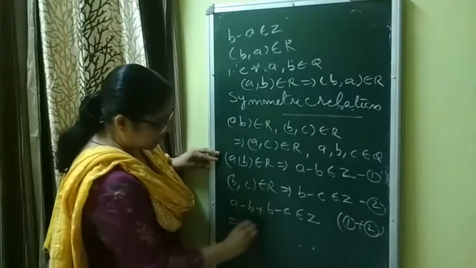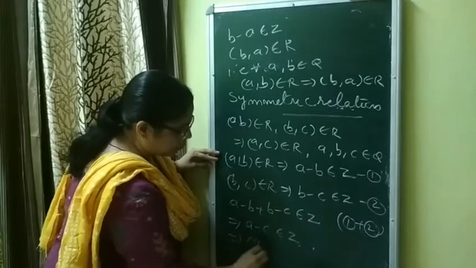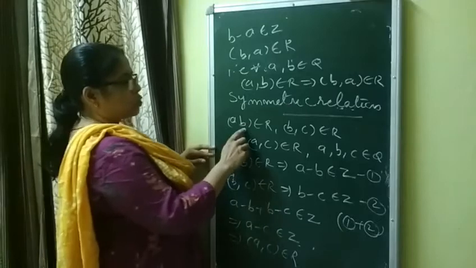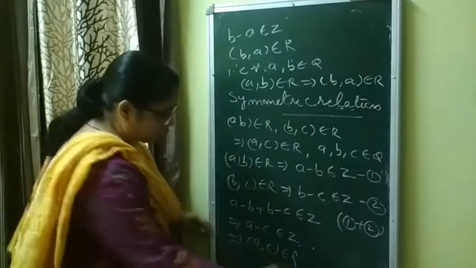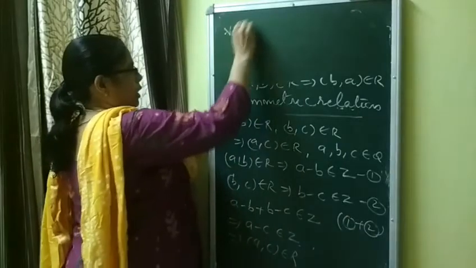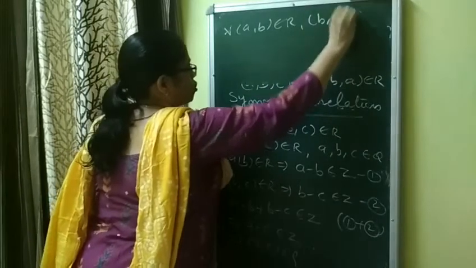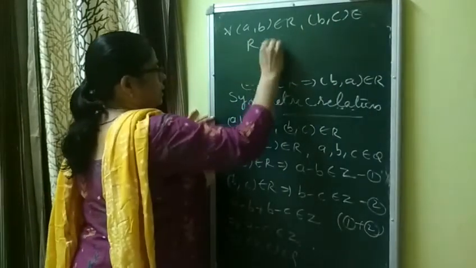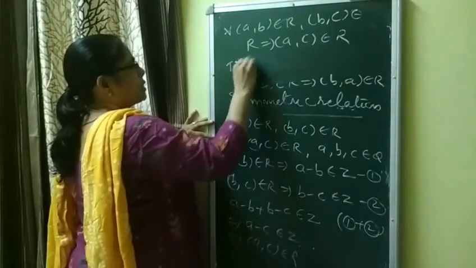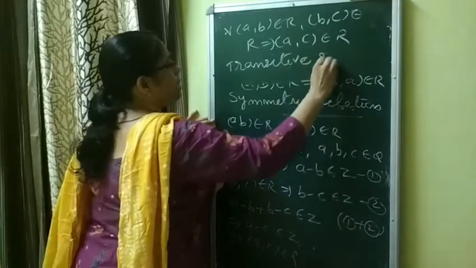That means b is getting cancelled, a minus c belongs to Z. a minus c belongs to Z means ac belongs to R. That means for all ab belongs to R, bc belongs to R, you have to conclude that ab belongs to R, bc belongs to R implies ac belongs to R. This relation is known as transitive relation.